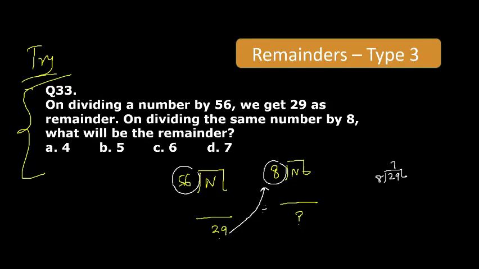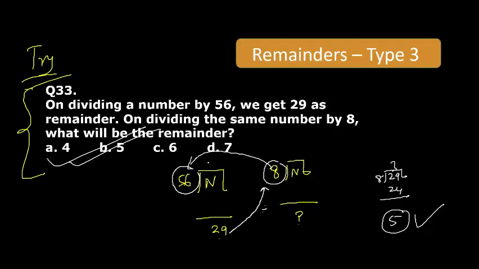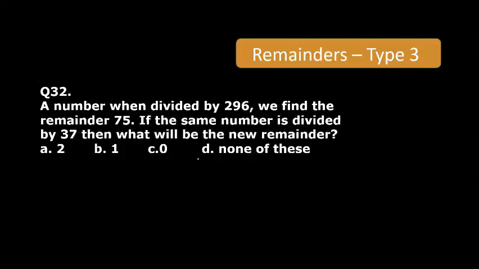8 threes are 24. I hope everyone is able to find 5 as the answer, right? So this 8 will be definitely a factor of this. So you don't have to check. If your options have C and D in your answer, then you might have to check. Otherwise, it must be a factor of this. You don't have to check it.